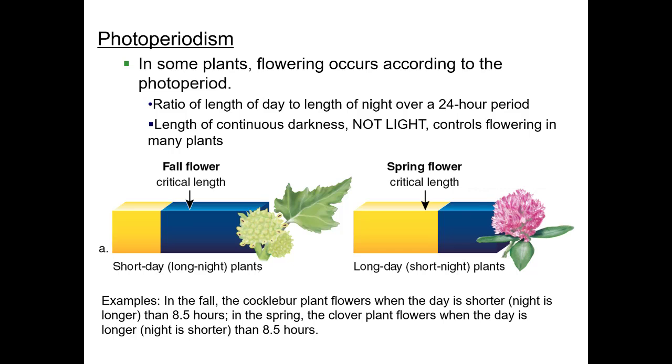We used to think that this was because the plants in the fall were short day plants and the plants that bloomed in the summer were long day plants. But it actually turns out that the critical factor is the length of the night. So actually the summer plants require shorter nights, while the fall plants and the spring plants require longer nights.